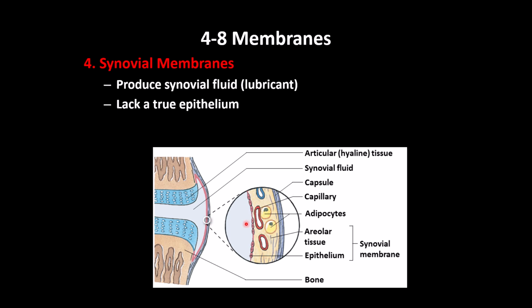This is the joint capsule, and if you look at it in a higher magnification, it's made of epithelial tissue and also of the loose areolar connective tissue, and the loose areolar contains these blood vessels. So the fluid is coming from this area. It goes to the synovial cavity, and that reduces the friction.